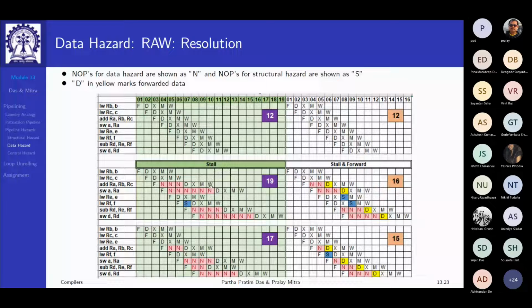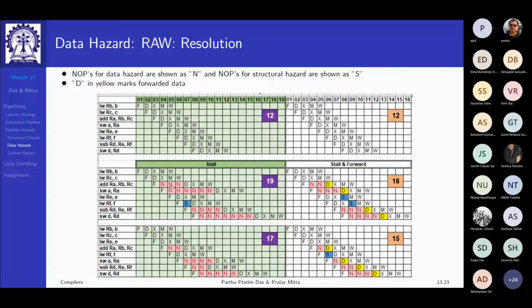Here I have assumed that, as is expected, they will wait till the values are available in the register file, and then the decode stage will be able to access those registers, read the value, and proceed. So we need 3 cycles, 3 stalls here.